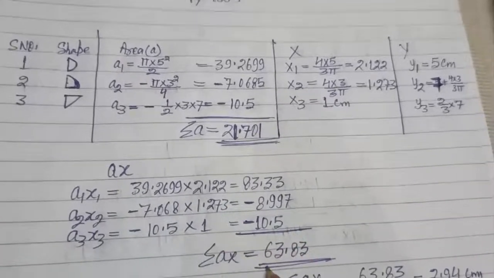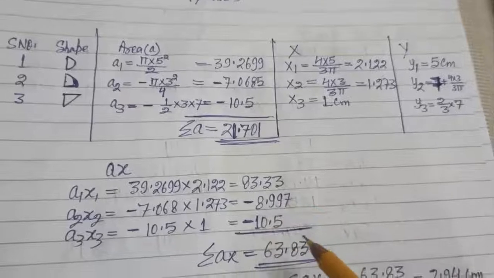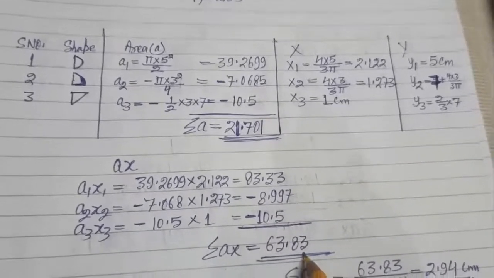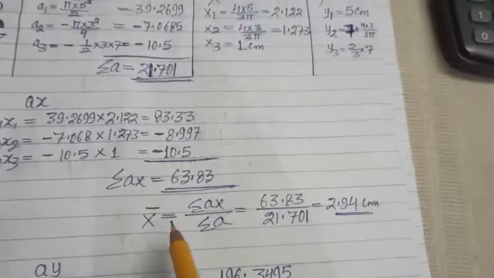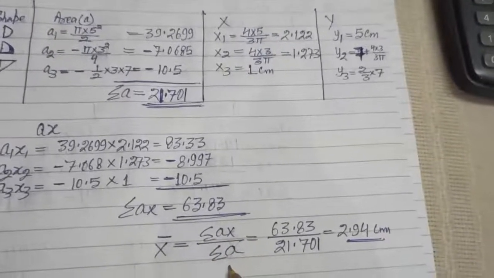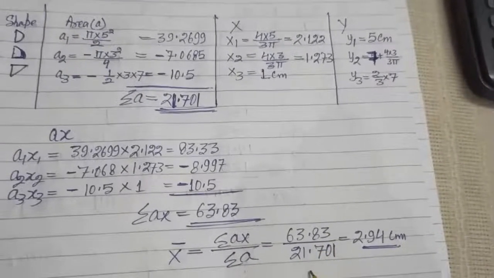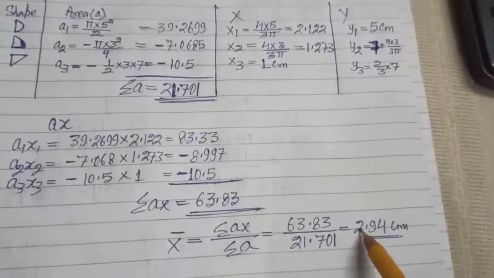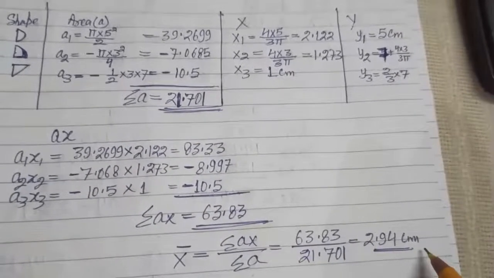So summation AX is the sum of these with their signs, 63.83, and X bar is summation AX upon summation A. So 63.83 divided by 21.701 will give you 2.94 centimeter.